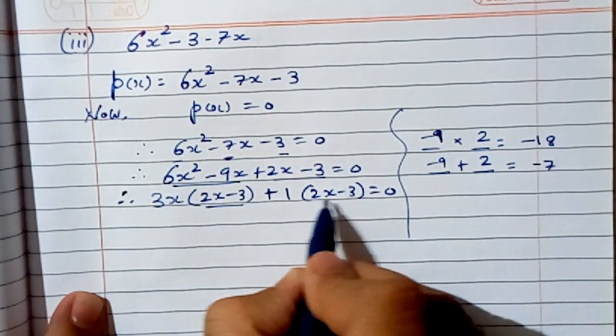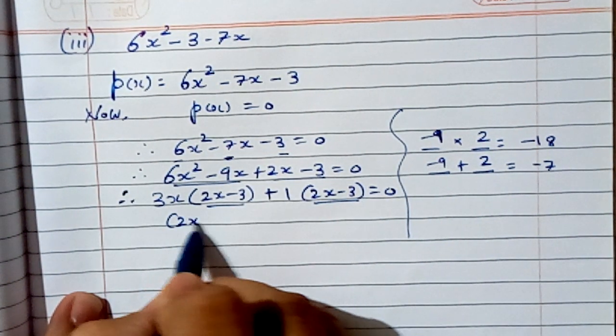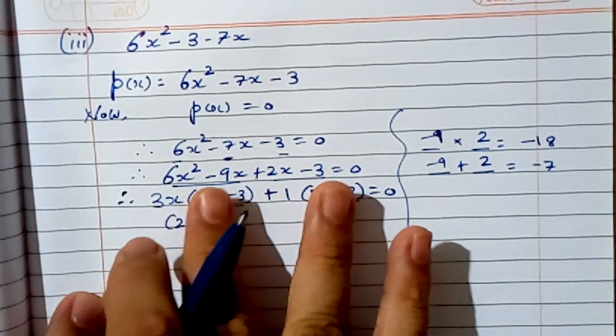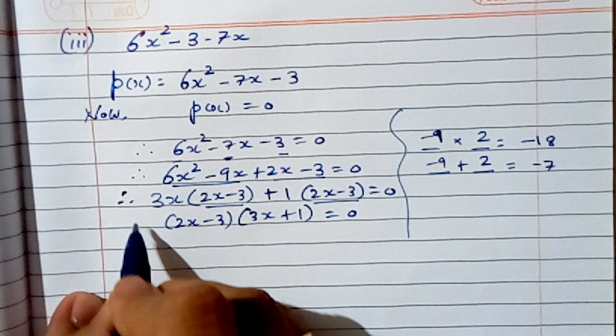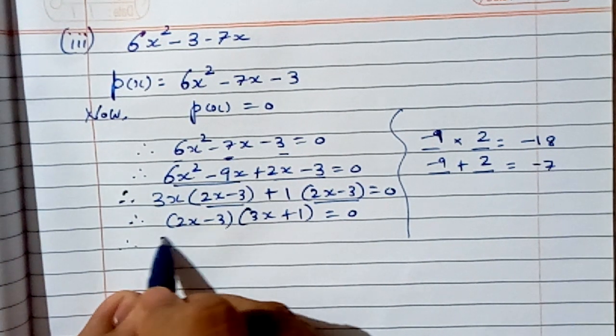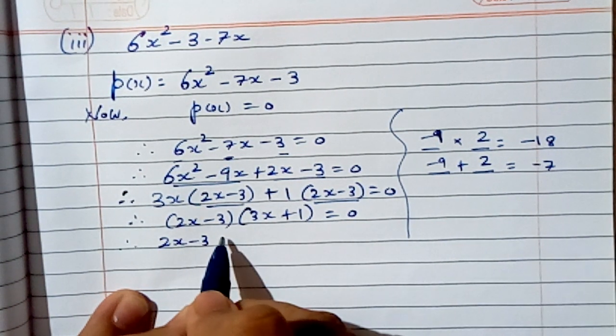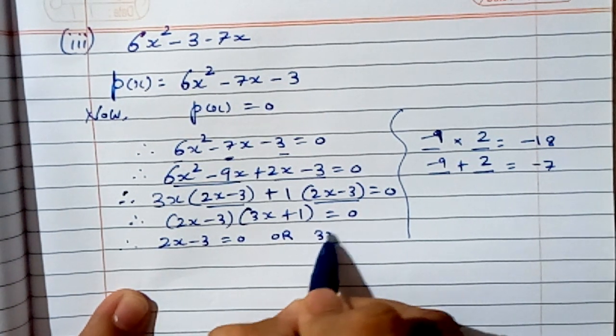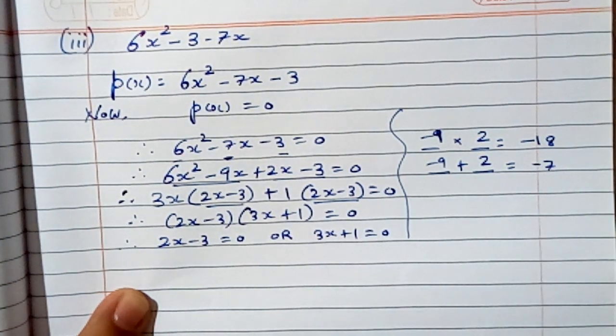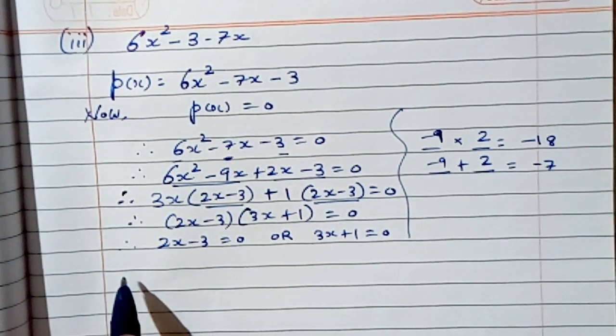We can get common bracket 2x minus 3. What remains? 3x plus 1 equal to 0. Therefore 2x minus 3 equal to 0, or second bracket 3x plus 1 equal to 0.